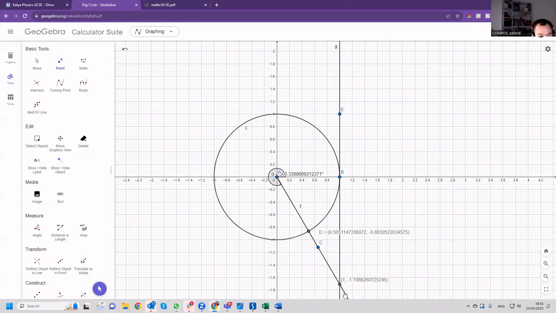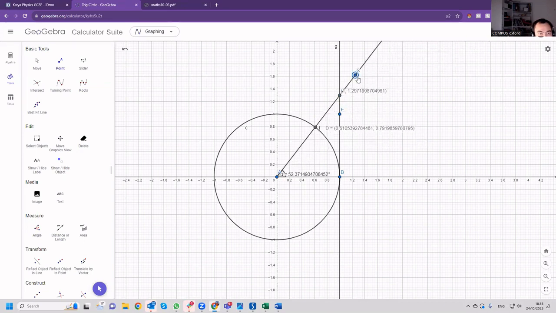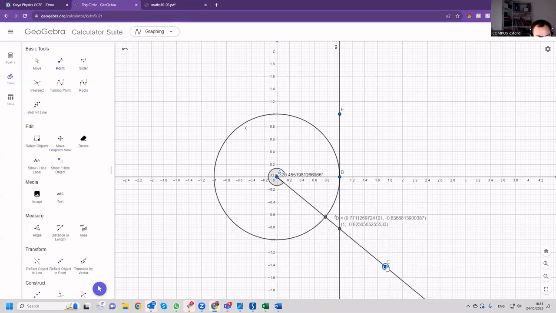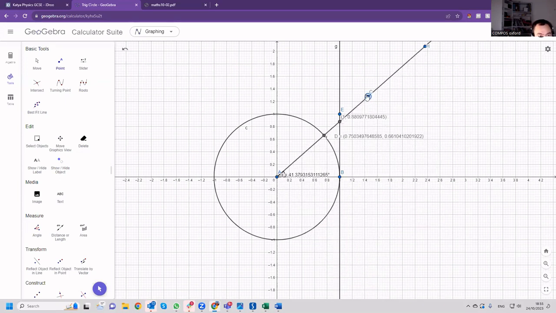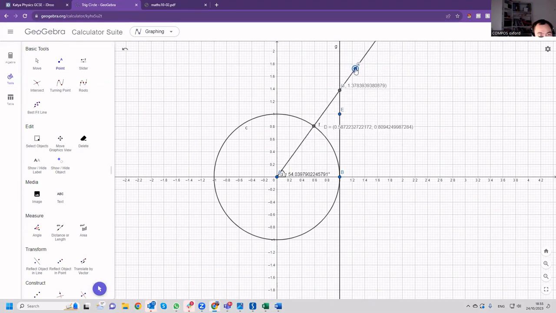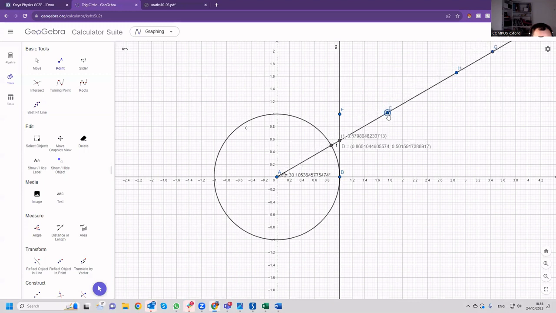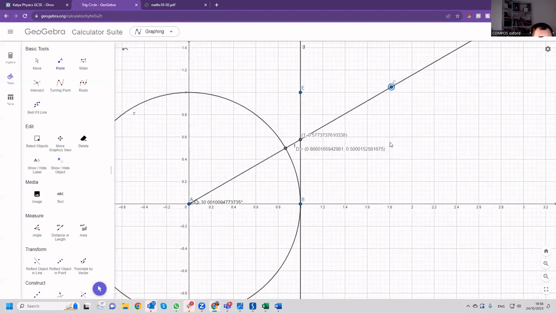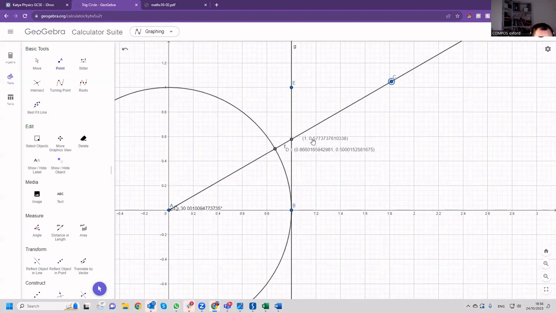Anyways, if you move this, you can see that the coordinate of this point changes. The D point changes, but also the coordinate of this changes as well. For example, if you want tan 30 degrees, you draw 30 degrees, and this is going to be the tan of 30 degrees.